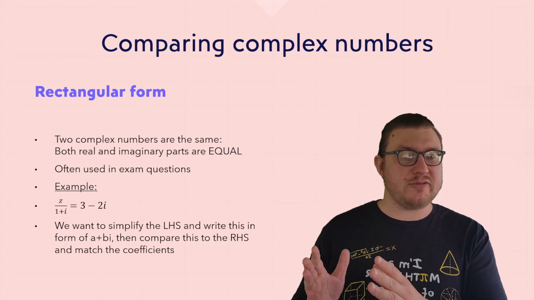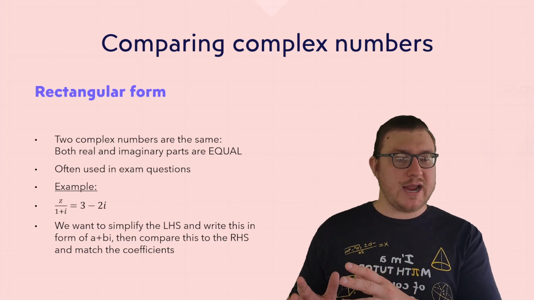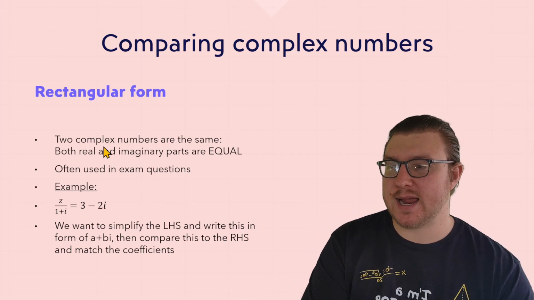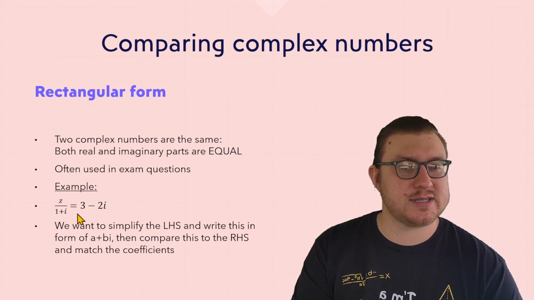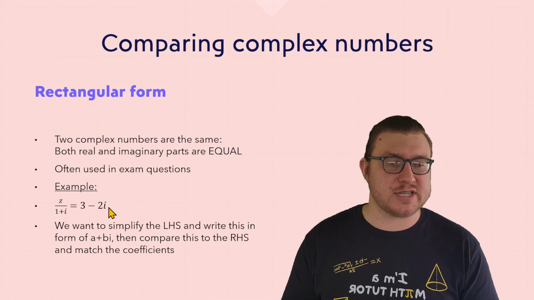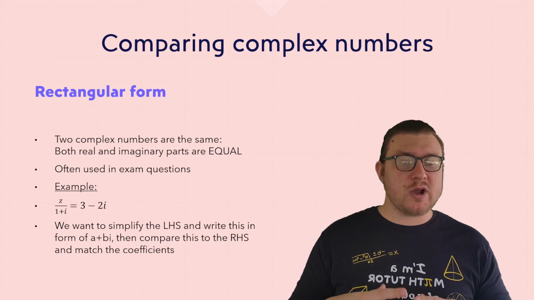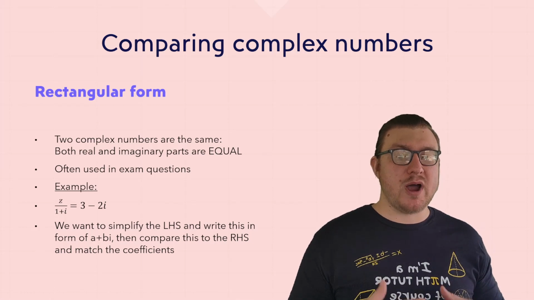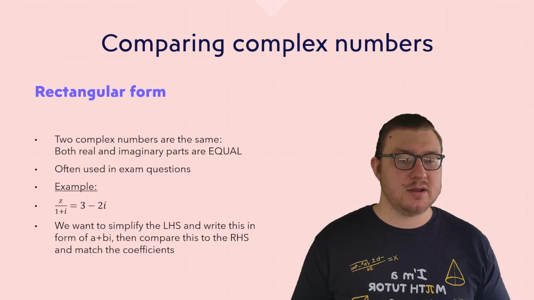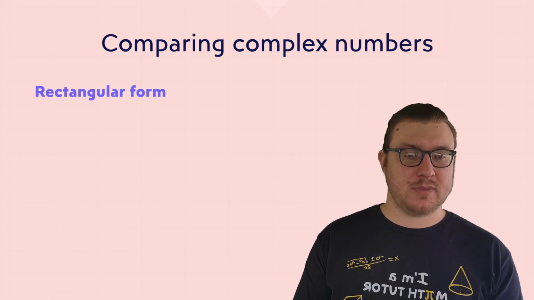I usually write that for left-hand side, and RHS, which stands for right-hand side, depending on where the equal sign is. So we're going to simplify the left-hand side and write it in the form a plus bi, and we're going to see what happens.